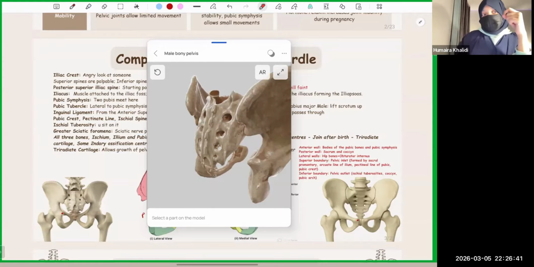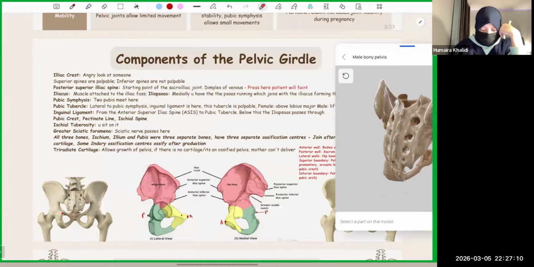You can't touch it. You can't feel it. The part which is more prominent is the superior spines. The inferior spines are too deep inside your body, so you can't really palpate them. It's not a conceptual thing, it's just something that is not possible. Okay, for whoever asked that question, you're welcome.